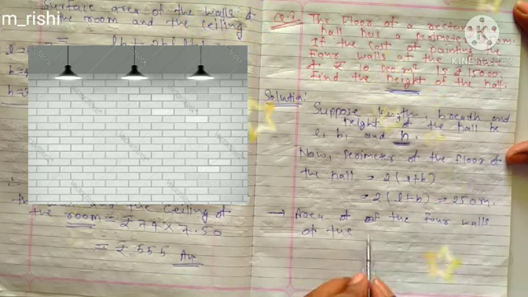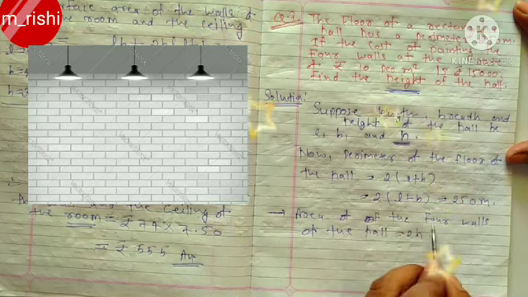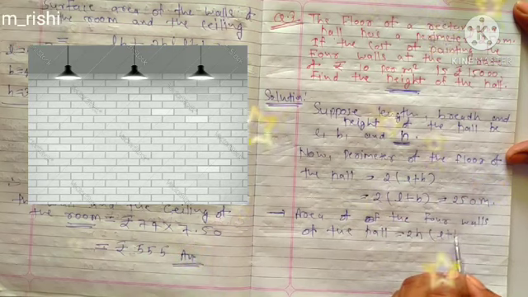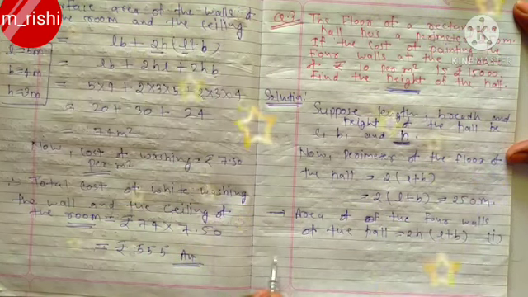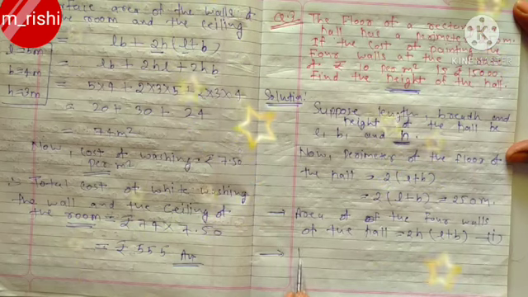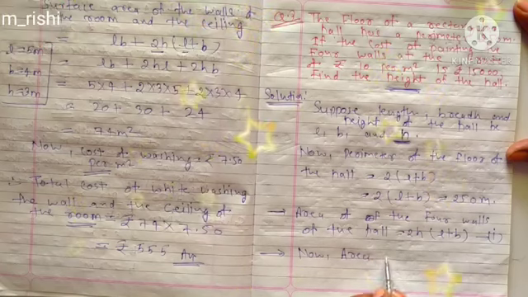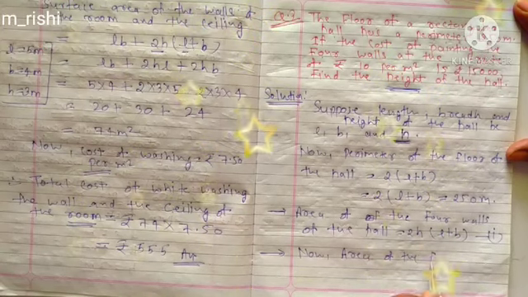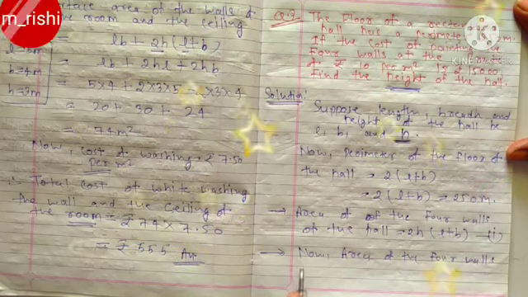Yes, the area of the four walls of the hall equal to 2H into bracket L plus B, given equation number 1.